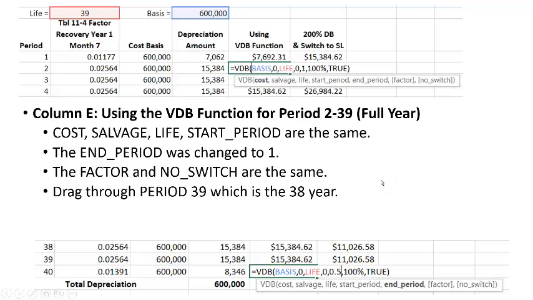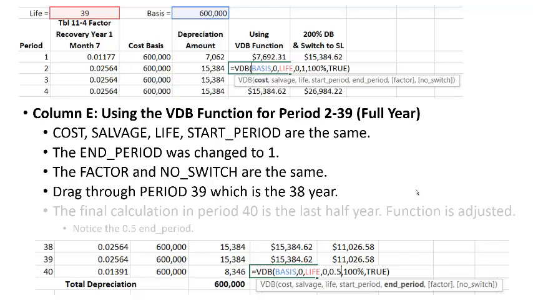All right? So now if you look at the bottom screenshot, you can see that I'm doing the very last time period 40, using the 0.5 again. Because by definition, the first period and the last period are going to be a half a year. That's the way the factor works, so that's the way I'm having the function behave, those arguments.